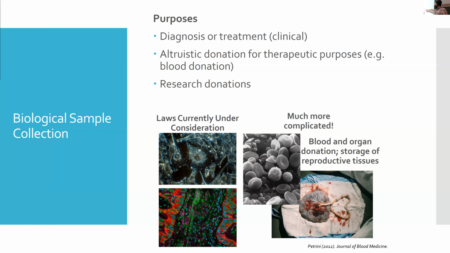So the takeaway message here is to think about tissue sample collection, and then what happens to that, where it goes, and who benefits from that, right? It seems a pretty clear-cut case that you go and donate blood to the Red Cross, and then they use it to help someone survive a terrible car accident.